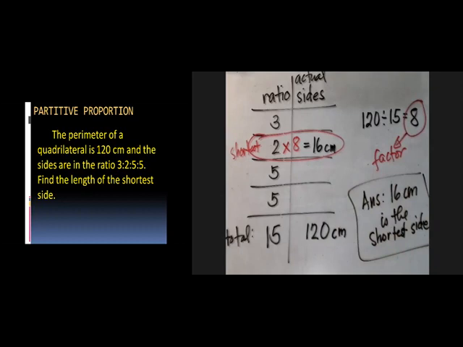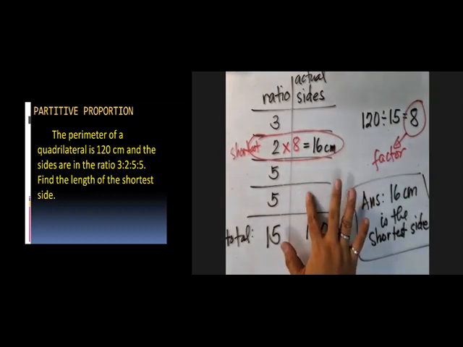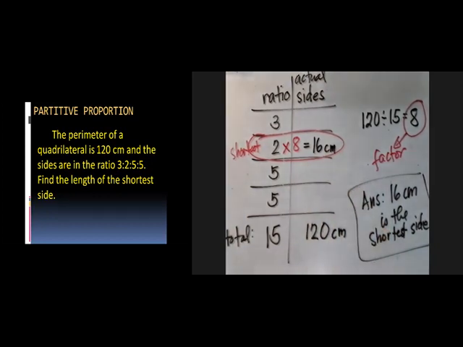Okay, so as you can see in a partitive proportion, hindi necessary na isolve ninyo lahat yan. Ang kukunin lang ninyo ay yung kailangan ninyong isolve. So for this particular problem, yung shortest side ang hinahanap, yung smallest term ang gagamitin natin. Kanina, ang ginamit natin yung largest do sa second problem. Kasi yun lang naman ang tinatanong.